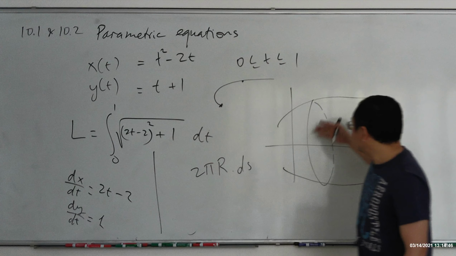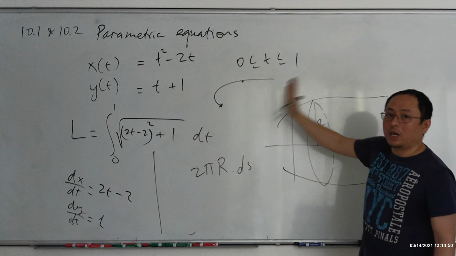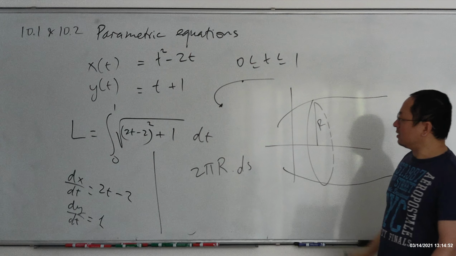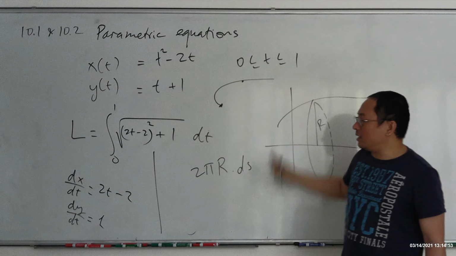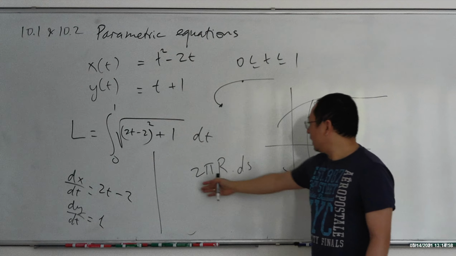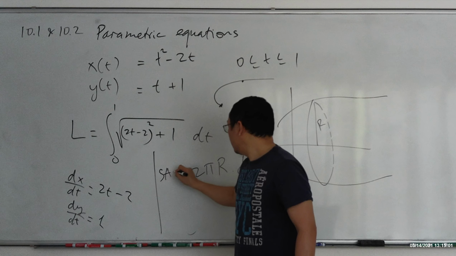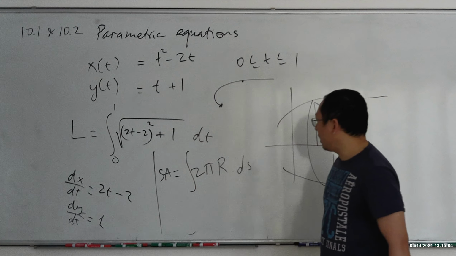And r depends on what you're rotating about. If rotating about the x-axis, r here is y. If rotating about the y-axis, r is x. Or rotating about any vertical or horizontal asymptote that you have to calculate on. But anyway, the formula is right here. So the surface area is the integral of 2 pi r ds.